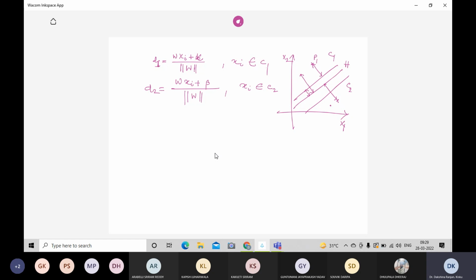Similarly, if we take any point P2 in class C2, then the distance between point P2 and the margin which is used for class C2 is specified by beta. So therefore D1 and D2 give the distance between the feature vector and the hyperplane.